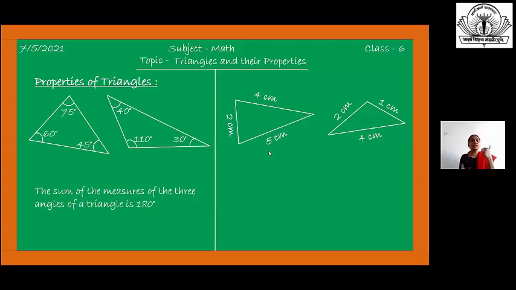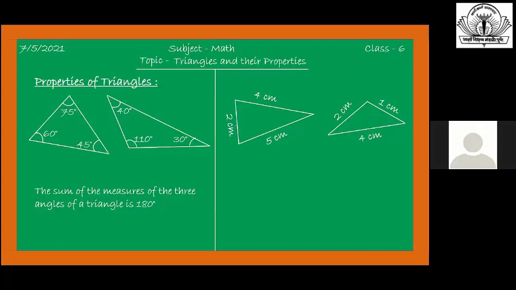Yes. Now, if you add 5 centimeter and 2 centimeter, how much is it? 7 centimeter. Is it greater than 4 centimeters? Yes. And if you add 5 plus 4, it is equal to 9 centimeter. Is that greater than 2 centimeter? Yes.